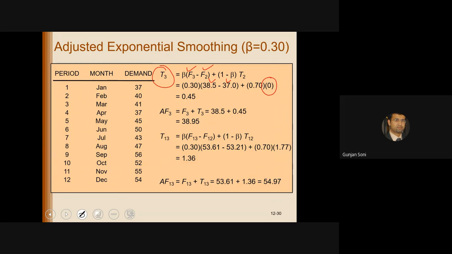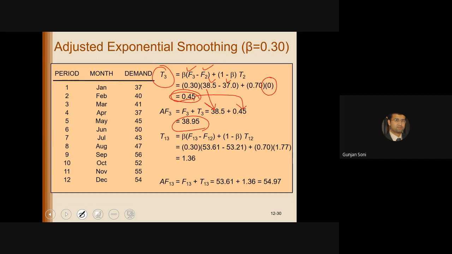So T2 is 0, T1 is not defined. Then we calculate the trend correction factor, that is 0.5. After doing that, the F3 value is anyway 38.5, as we have seen from simple exponential smoothing, and the T3 value is 0.45. So that's how we get 38.95 as the adjusted forecast, the trend-corrected adjusted exponential smoothing forecast.